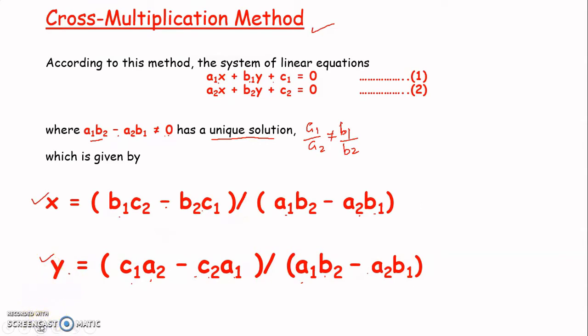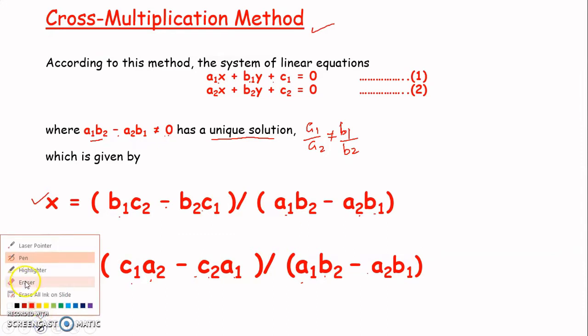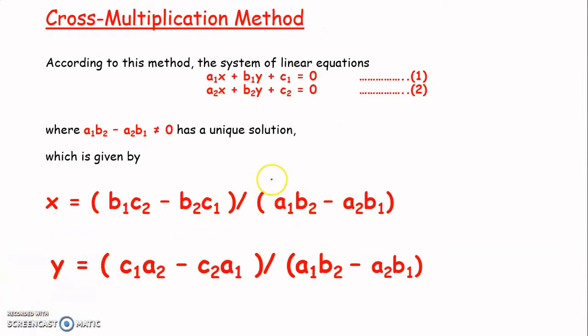So if you want to find the formula of x and y, let's see the method here. For example, to find the formula for x, consider the coefficients of x, y and the constant. Let me write here a1, b1, c1, again a1, b1.